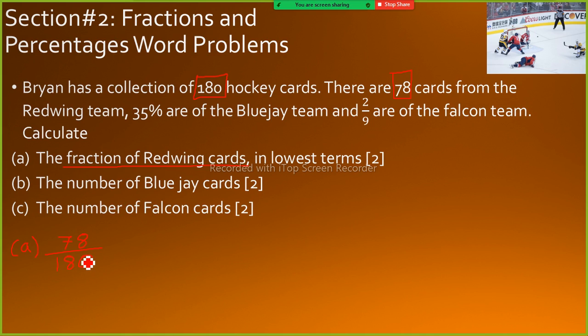But we need to put it in lowest terms. Okay, so Deja, how would we put it in lowest terms? What number can we use? I divided by 3. By 3? Yes, sir.